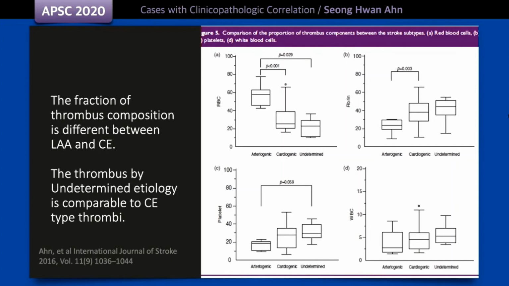Also, the fraction of thrombus composition is similar to cardiogenic thrombi. It means that cardiogenic thrombi develop in a prothrombotic environment. Also, the composition of undetermined etiology cases looks like cardiogenic thrombi.